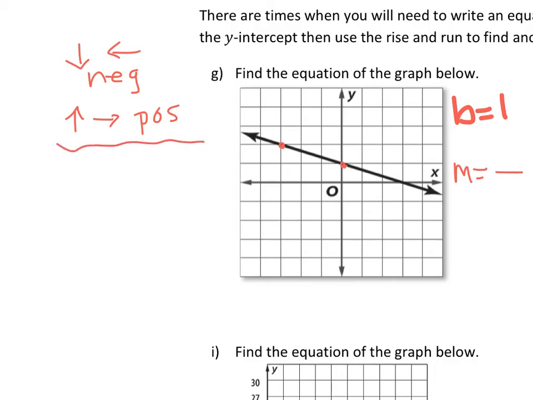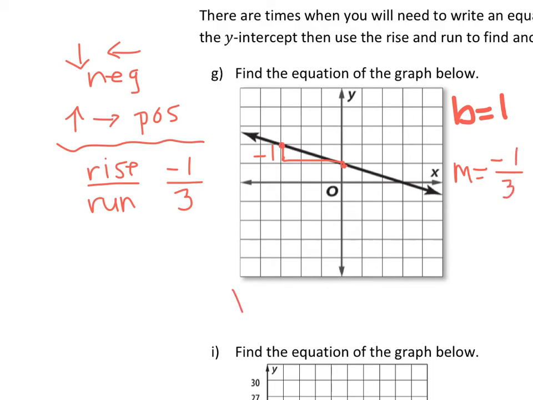So I like to go from left to right, personally. So I'm going down 1 unit, so our rise is negative 1. And our run, I'm going right 3 units, so our run is 3. So our slope is -1/3.